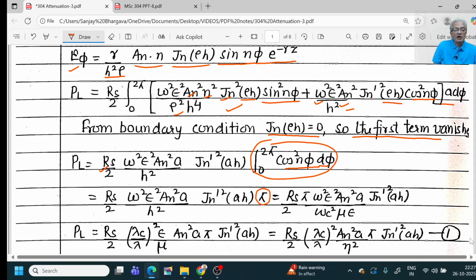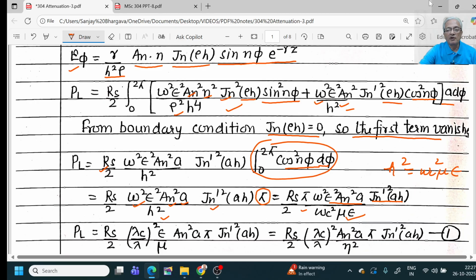So power lost per unit length is Rs by 2 ω²ε² An² a Jn'²(ha) upon h² π. Finally it can be written as Rs by 2 π ω²ε² An² a Jn'²(ha) upon ωc² μ ε, because h² is equal to ωc² μ ε.